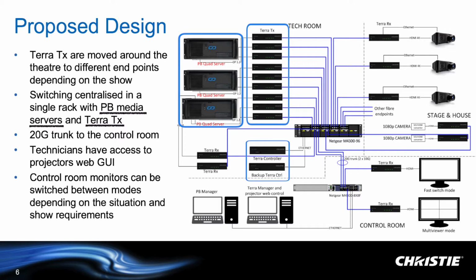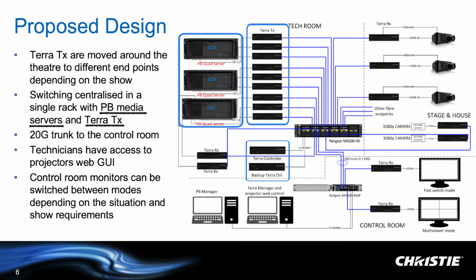The backup controller is there for redundancy, because they're tearing down and building up the shows all the time, so it needs to work 24/7. The backup controller is actually live, so when you save something on the main controller, it actually gets sent also to the backup controller.